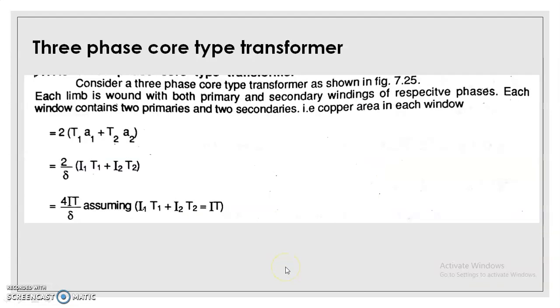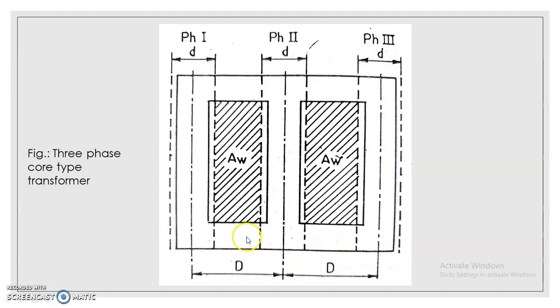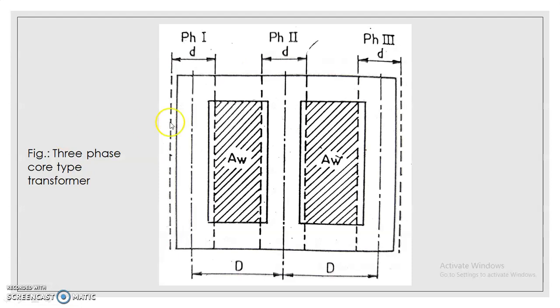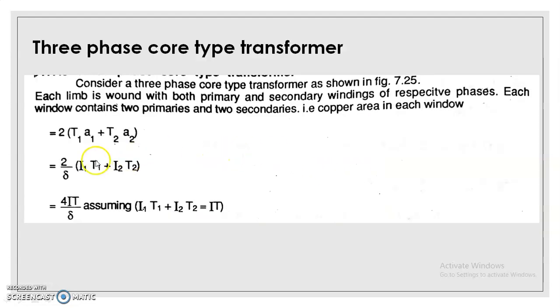For the primary, T1A1 appears 2 times. Again for the secondary, the same copper area appears again here. That's why you can write 2 times T2A2. So the copper area is written as 2 into (T1A1 plus T2A2).